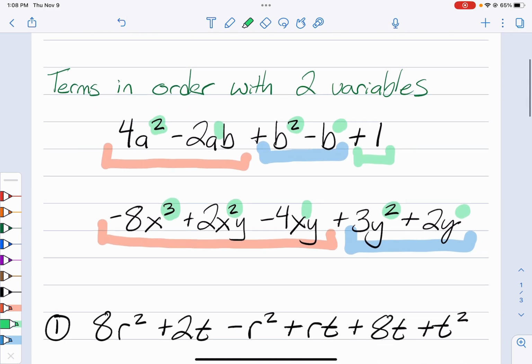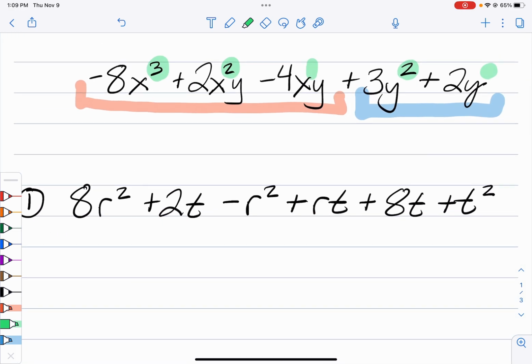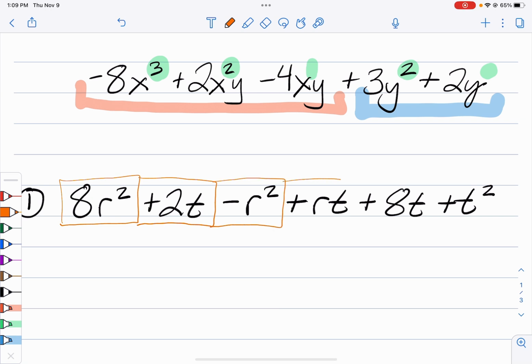So let's practice just two problems, and we're going to do some combining of like terms. So our problem has 8r to the second plus 2t minus r to the second plus rt plus 8t plus t to the second. So alphabetically, what comes first in the alphabet?